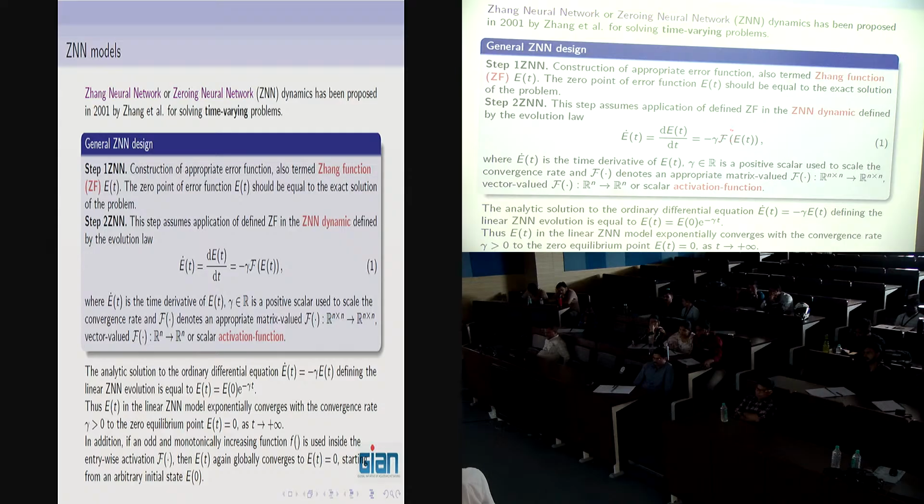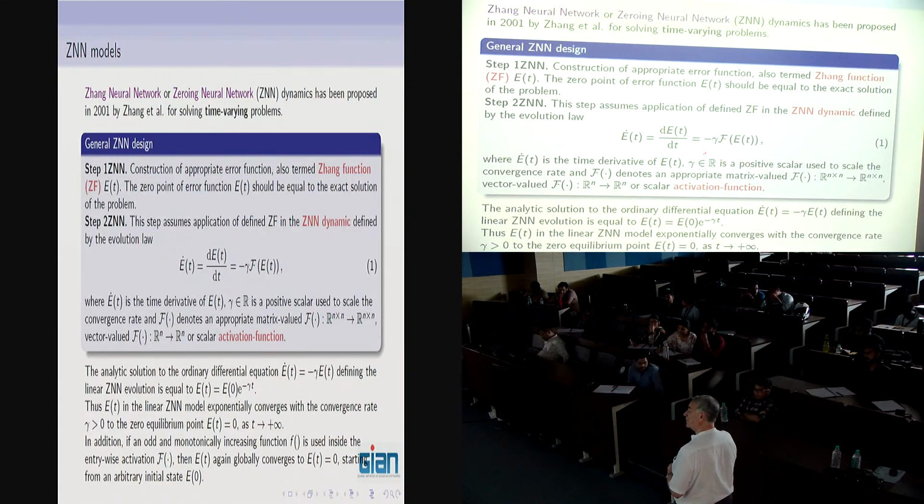F is, I will say again, the activation function. Gamma is the scaling parameter, gain parameter, learning parameter. As usual, gamma should be as large as possible. The story about nonlinear activation functions and about gamma is the same, but the dynamical system considered here is different.